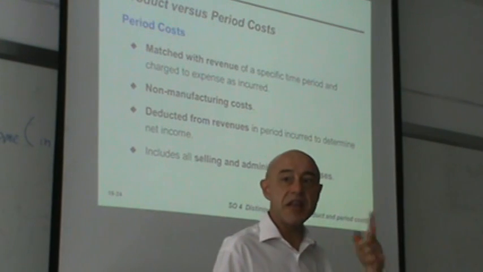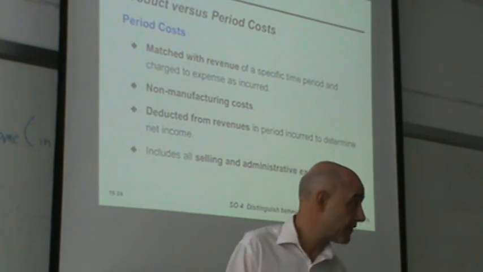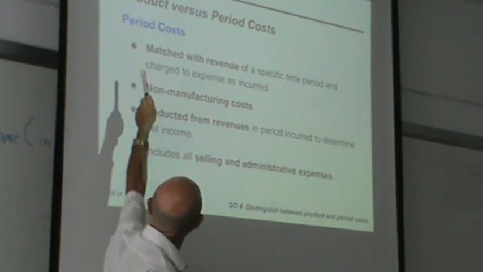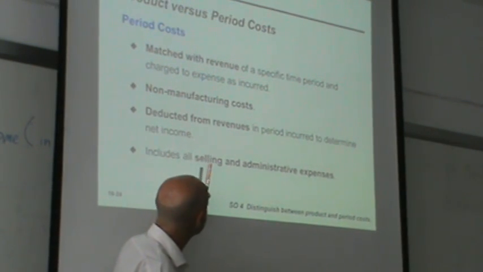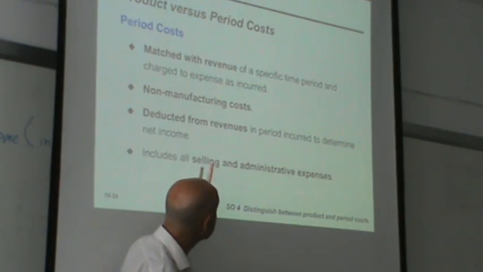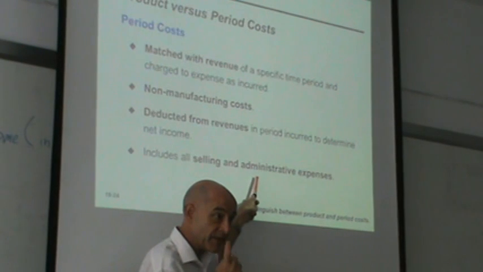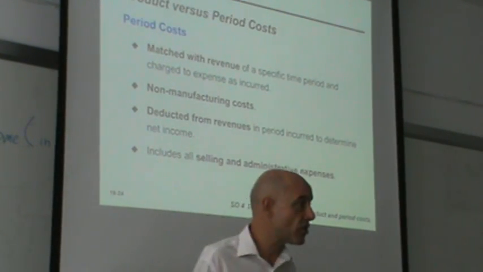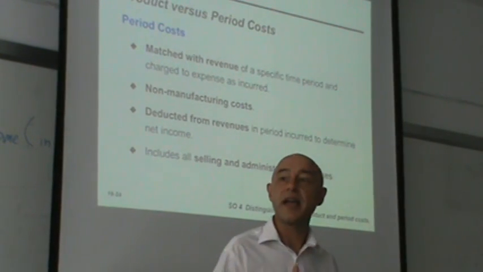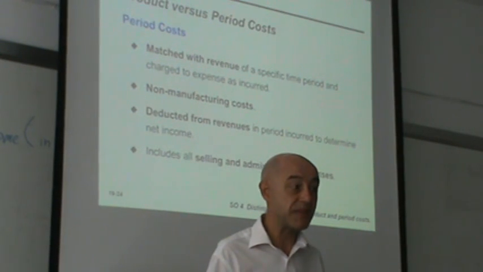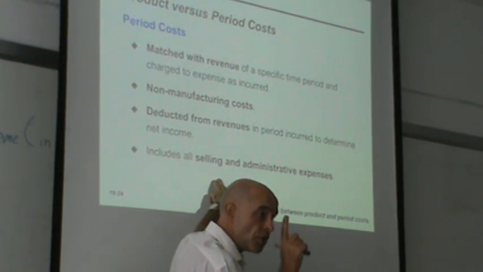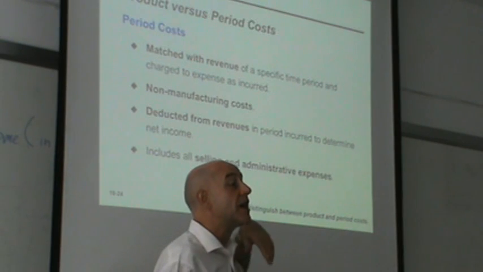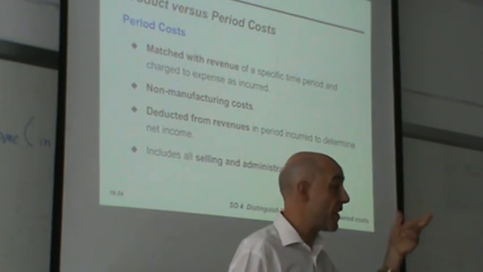And here's another general point. These period costs include selling expenses and administrative expenses. So, in general, selling and administrative expenses are not part of manufacturing costs.